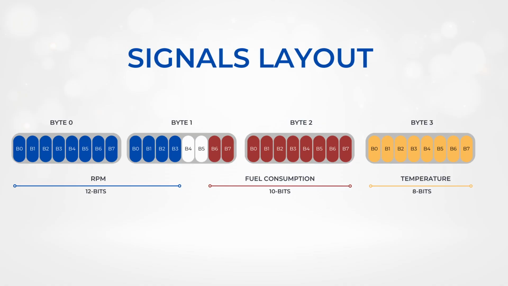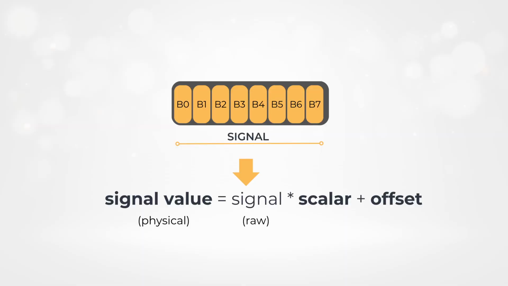This data is placed in the payload according to the layout and then transmitted on the bus in such a combined form. So if we wanted to fully interpret what we observe on the bus, we would need to extract certain data from the frame so as to refer only to the signal that interests us.